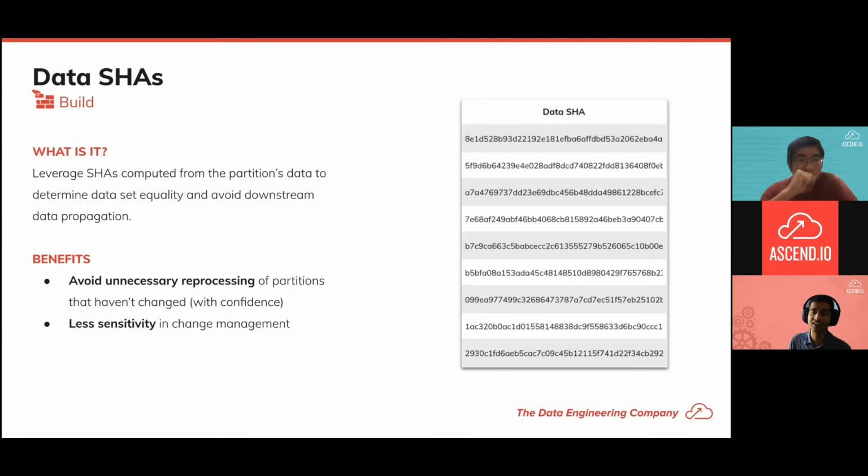One truth here, where it is possible to do different code and get to the same data. And the data SHAs will now allow us to acknowledge that possibility in that the code could have been changed, but the output data is the same. And using that data SHA allows us to then stop downstream propagation.